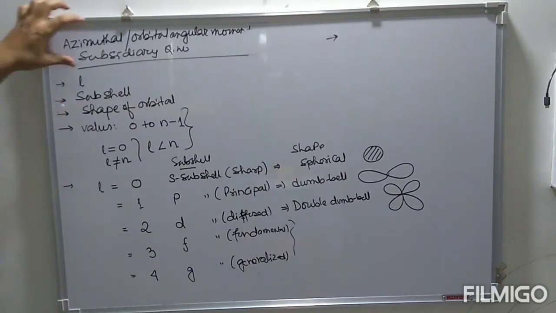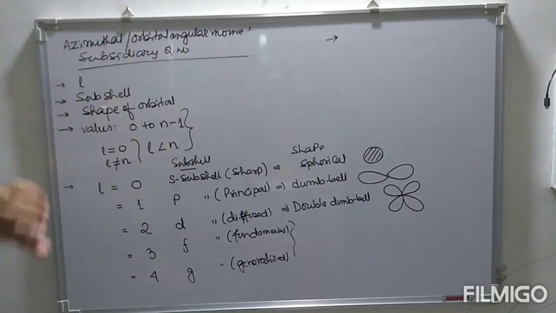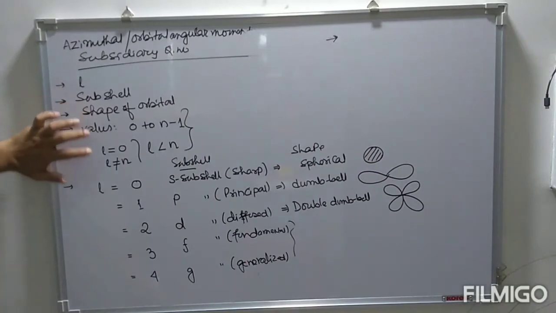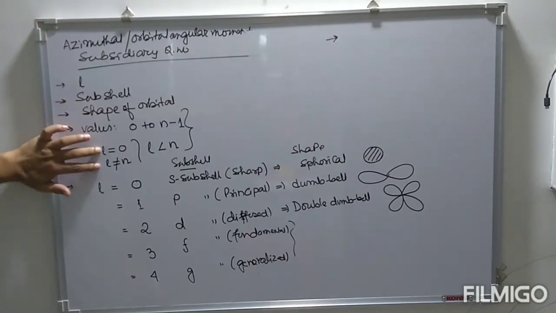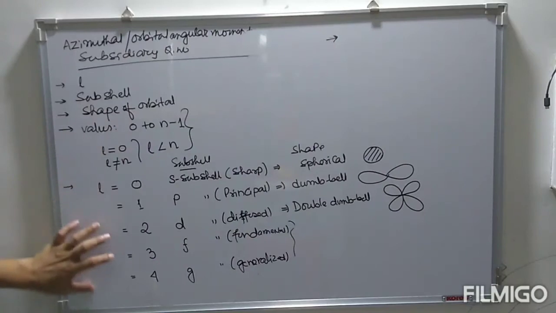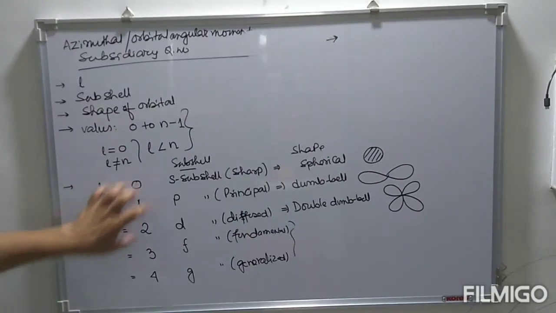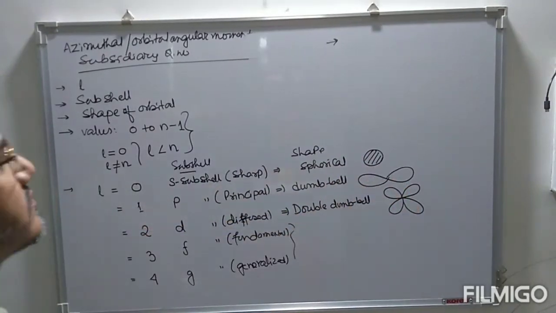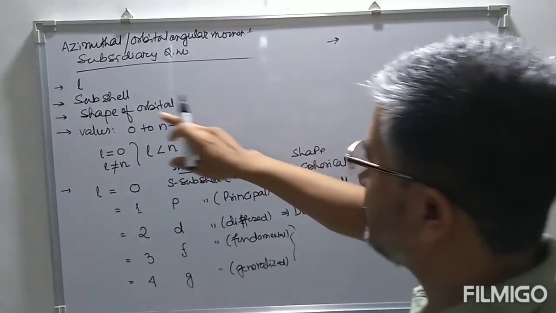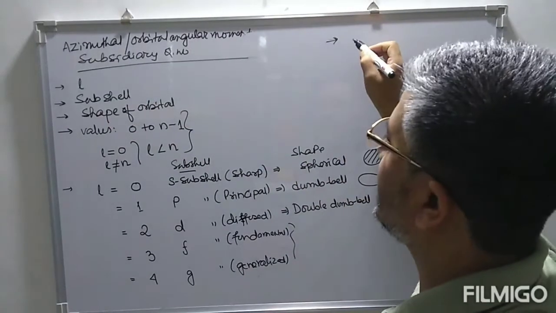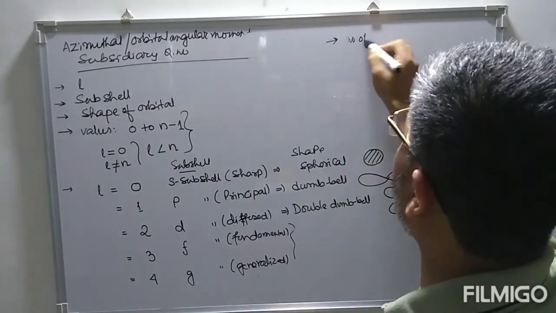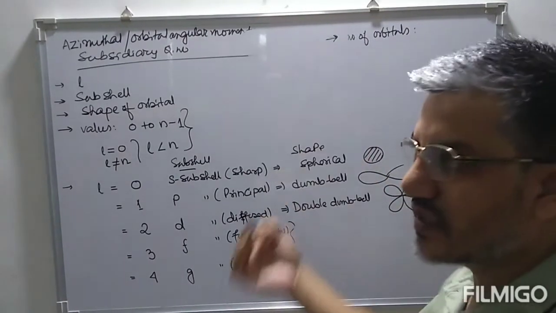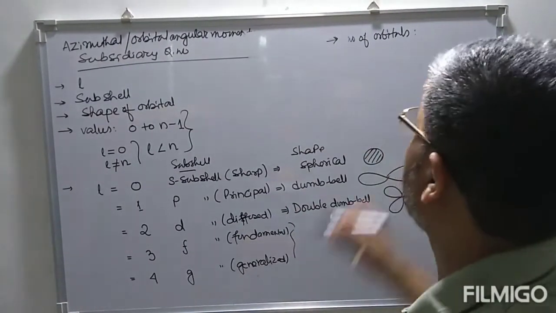So we have this L, azimuthal quantum number, orbital angular momentum, subshell, shape of orbital, possible values, and for this L, subshell is fixed, and what is the shape of subshell. So once we have this value of L, we can define the number of orbitals in any given subshell.